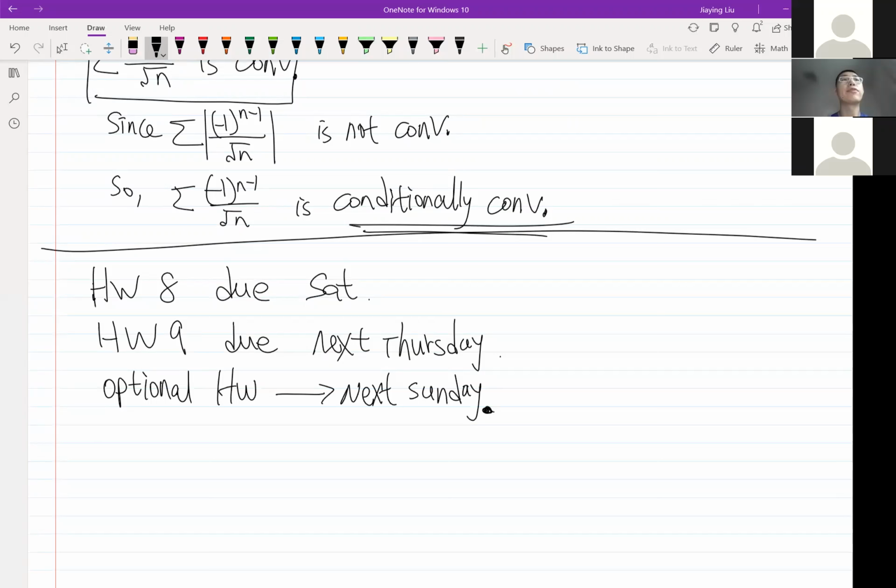But remember that one quiz will be dropped as well. The lowest grade on the quiz will be dropped. But if you feel like you need some extra points to improve your grade, that's something you can work on. So that's my plan. Keep that in mind.